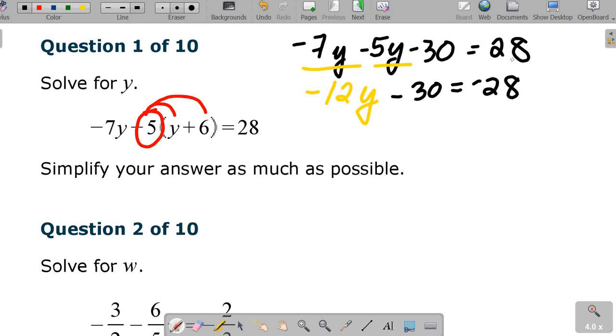Collect like terms. There's a plus sign, not a minus.